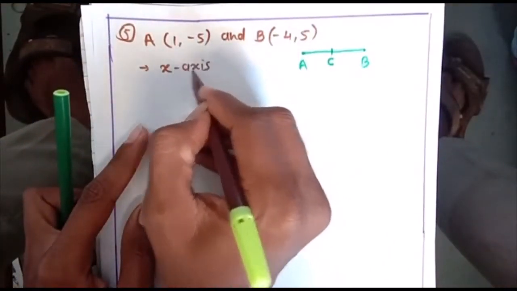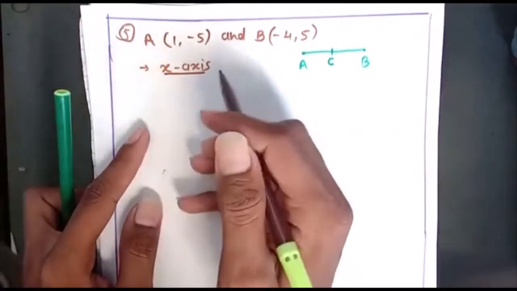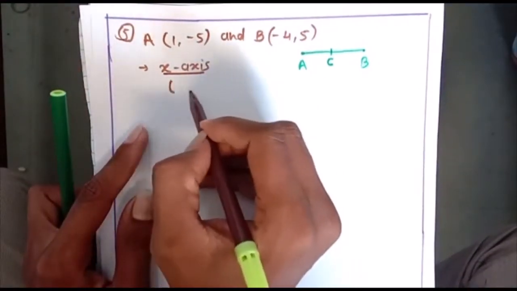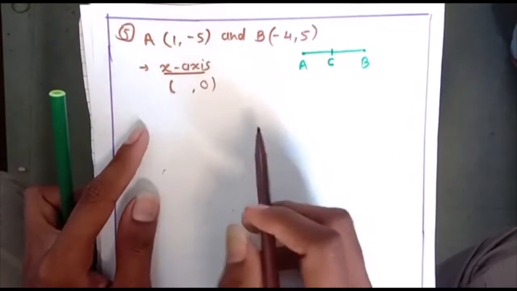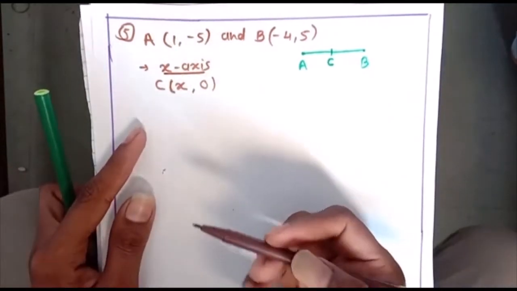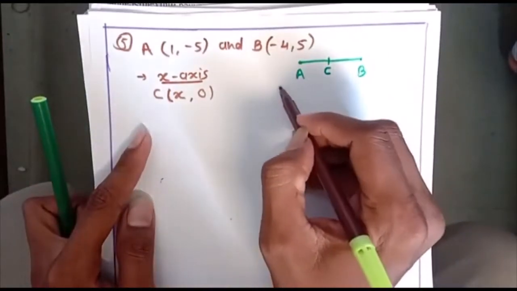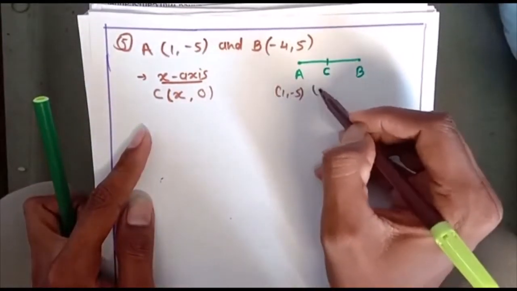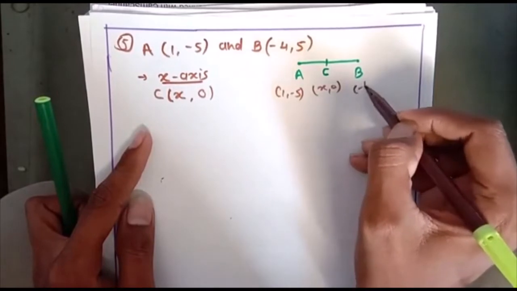अगर x एक्सिस पे पॉइंट है, सो उसका y कोऑर्डिनेट 0 होगा. x कुछ भी होगा लेकिन y 0 होगा. सो मैं अगर सपोज कर लूँ कि C जो है वो (x, 0) है, तो यहाँ पे क्या होगा, A (1, -5), C is (x, 0) and B (-4, 5).